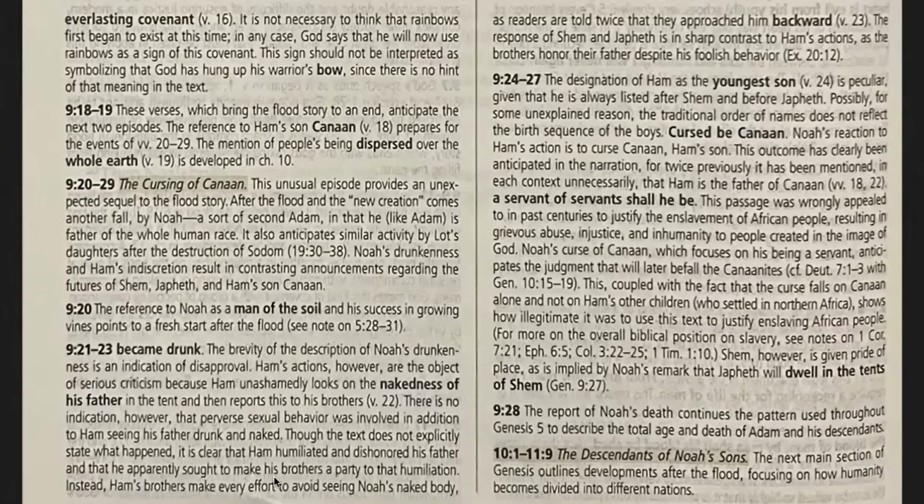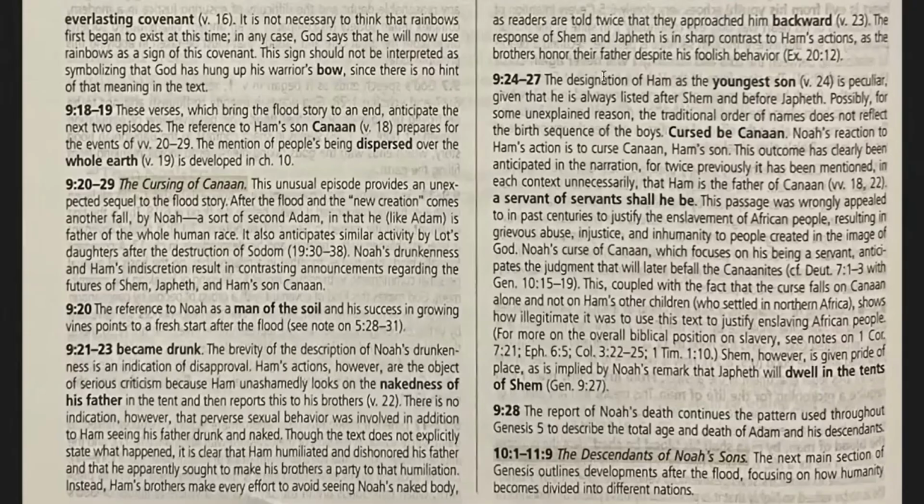Instead, Ham's brothers make every effort to avoid seeing Noah's naked body, as readers are told twice that they approached him backward. The response of Shem and Japheth is in sharp contrast to Ham's actions, as the brothers honor their father despite his foolish behavior.